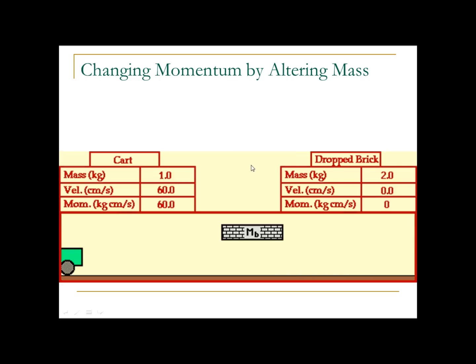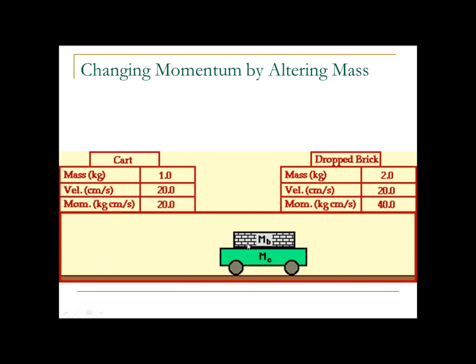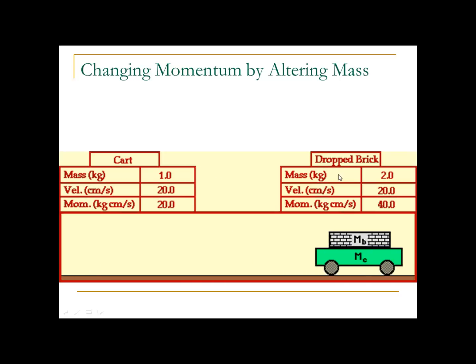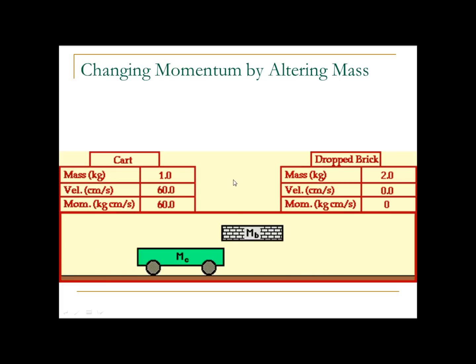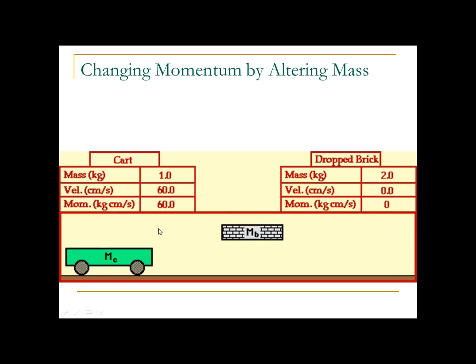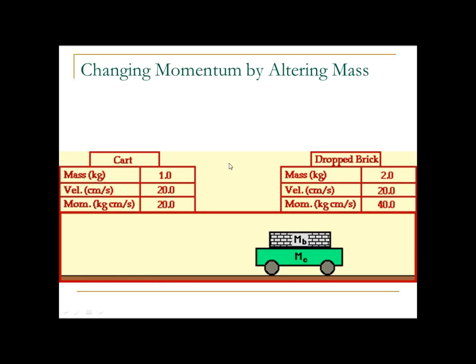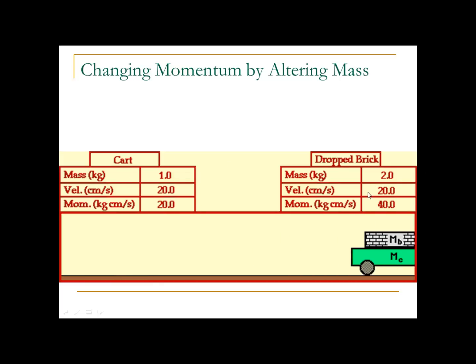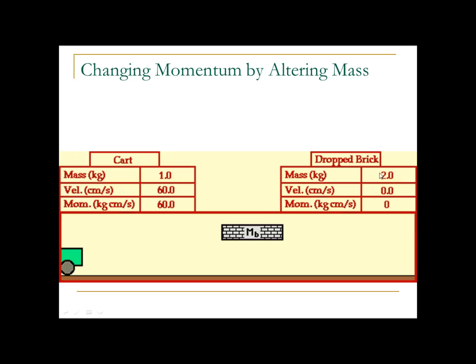And so now we're adding mass, which means that the velocity is going to decrease. So since the velocity decreases, then we have a decrease in momentum here and an increase in momentum here, since the brick was actually starting at 0.